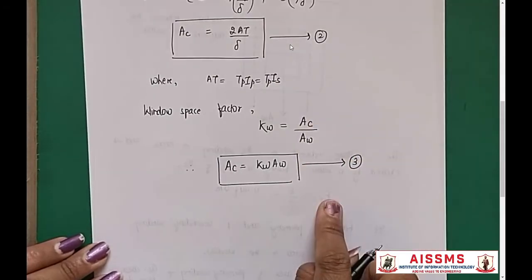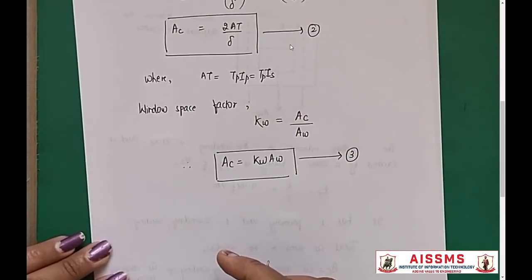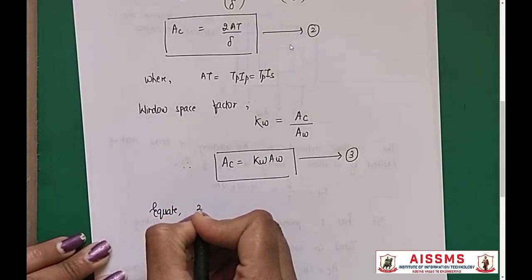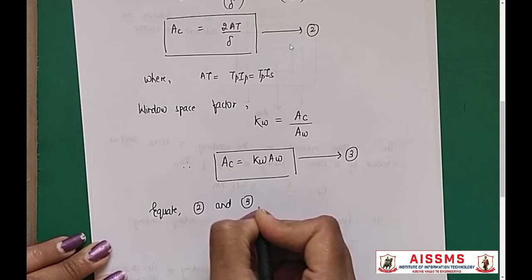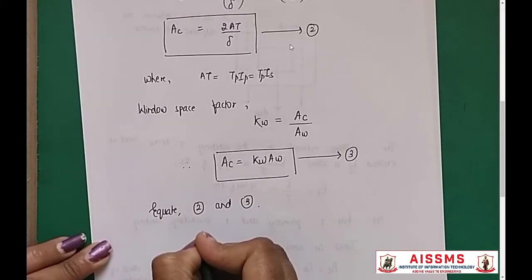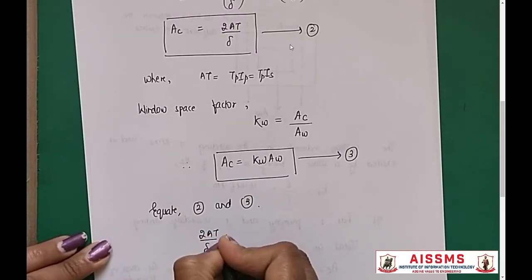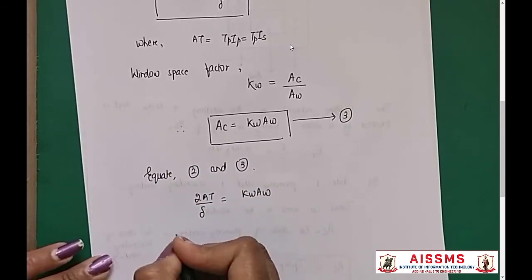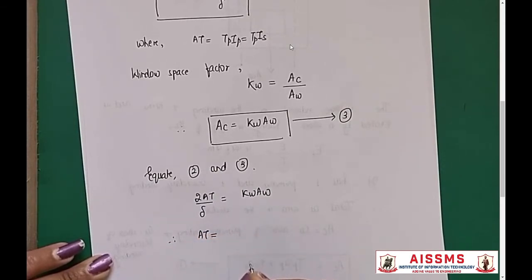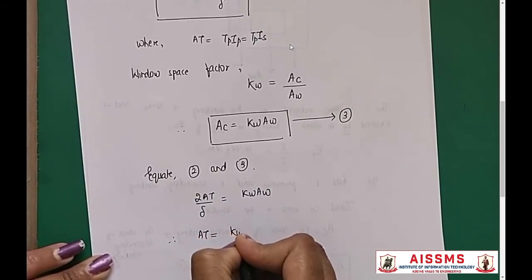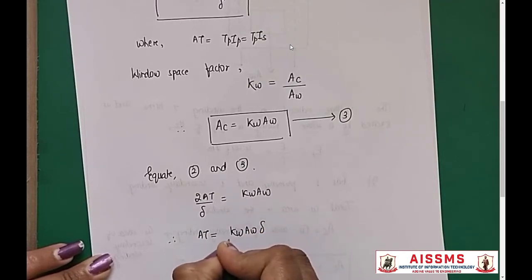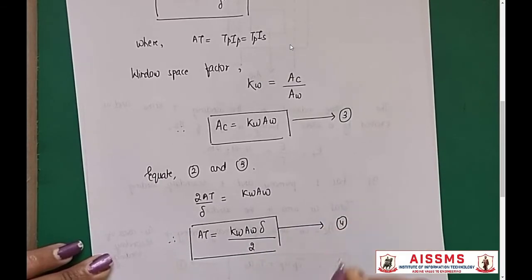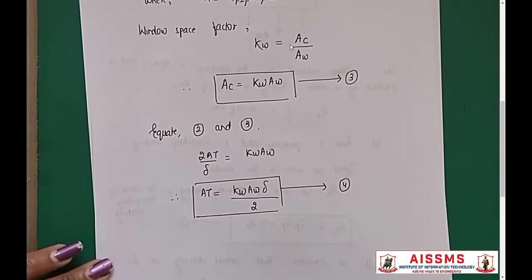But equation 2 and equation 3 both are giving us the value of copper area in the window. So let's equate equation 2 and equation 3. When we do that, we get 2AT upon delta is equal to Kw Aw. Therefore, we can rearrange this equation and get AT as Kw Aw delta upon 2, which is the equation for ampere turns. Let us mark this as equation number 4.